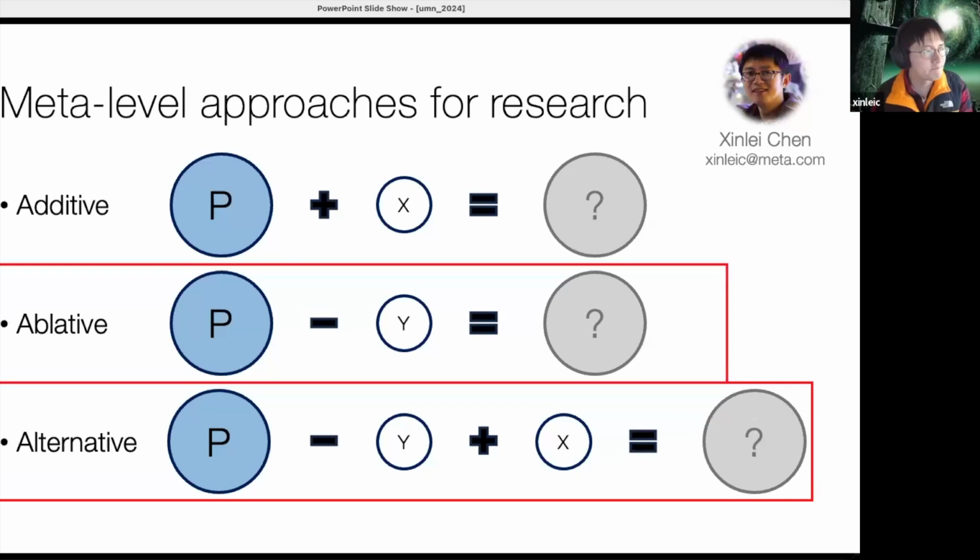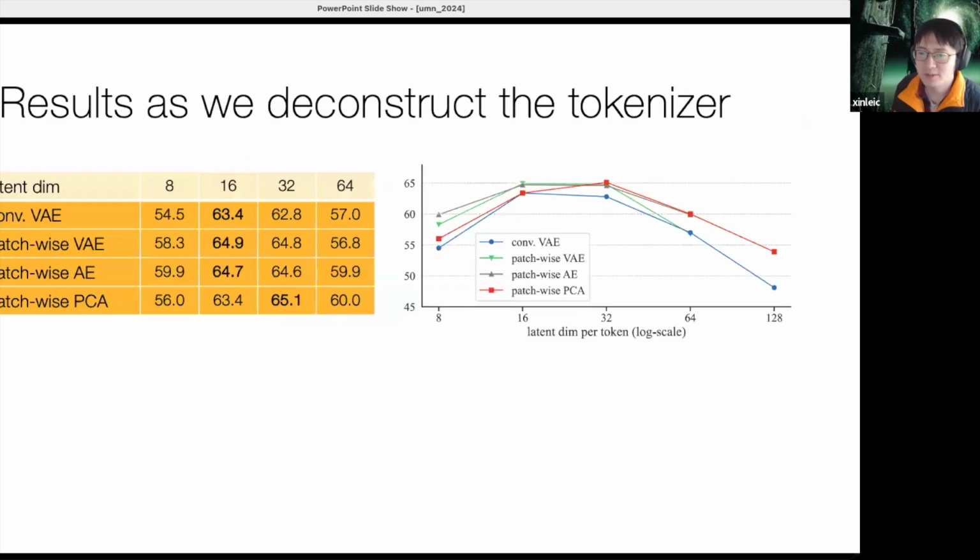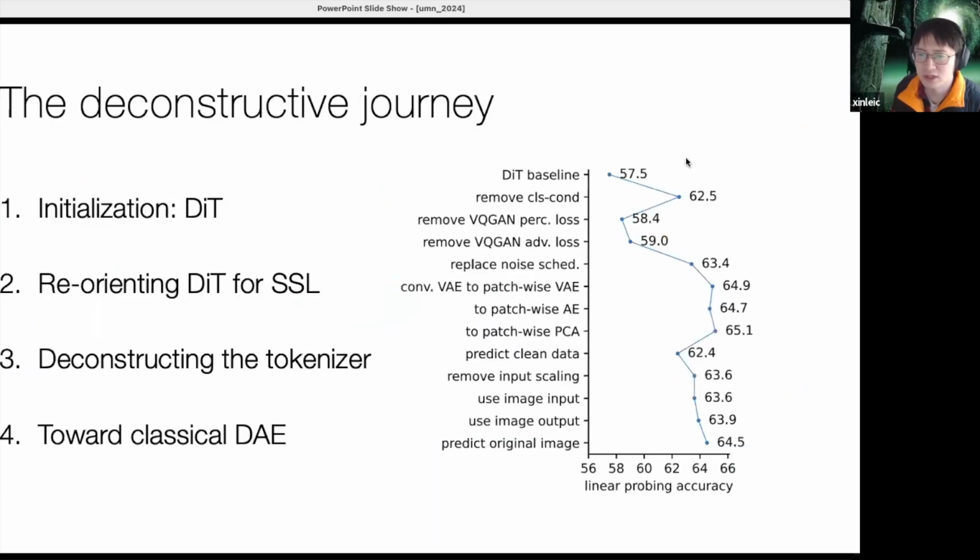I think there are a lot of differences. That's why, when I talked about our overall trajectory, there's a very important step where we want to reorient this diffusion transformer for generation toward this task, self-supervised learning. The original diffusion transformer is not even a legitimate SSL pipeline because there are quite a few supervision signals there. It's not self-supervised.